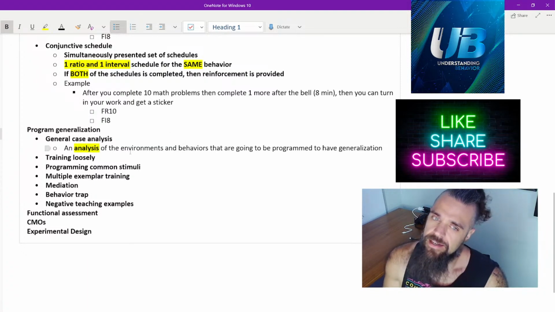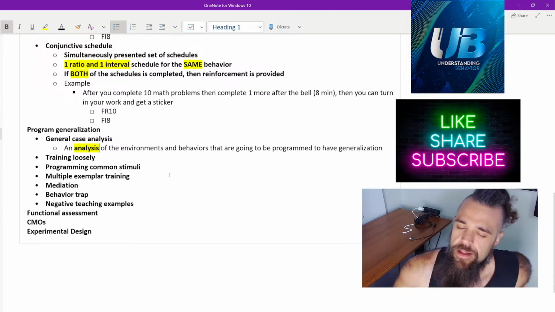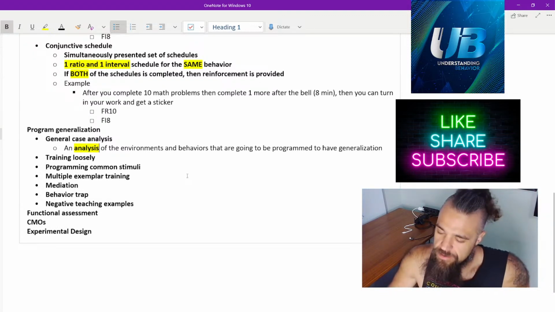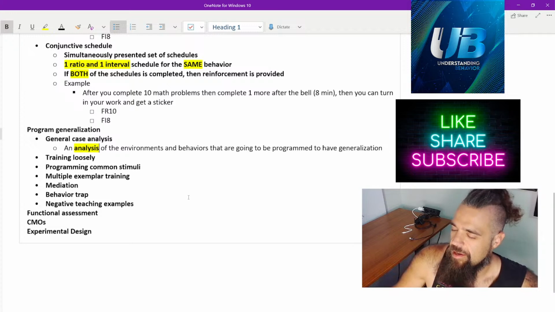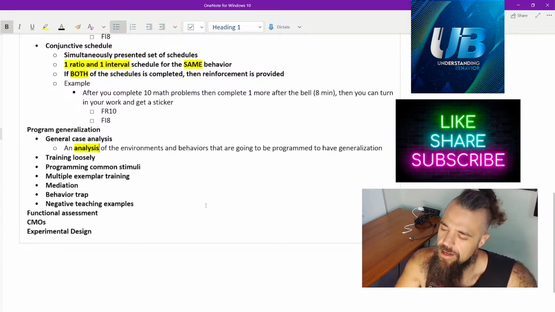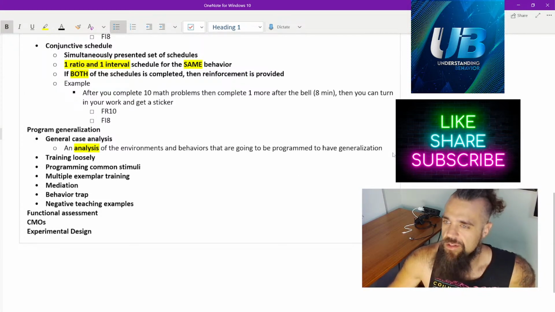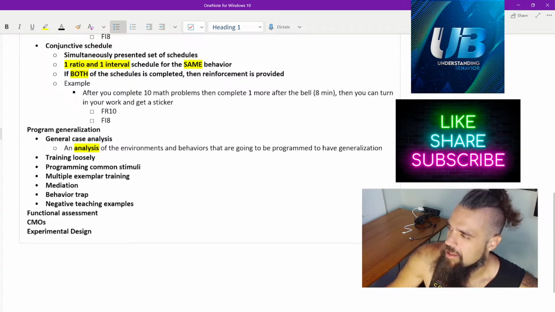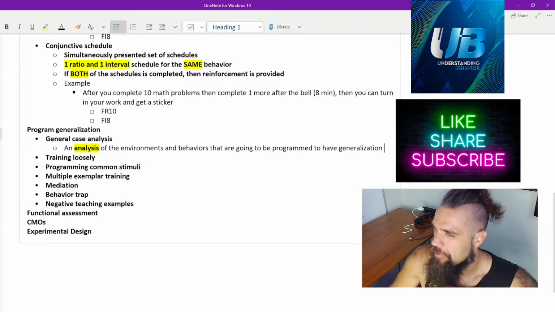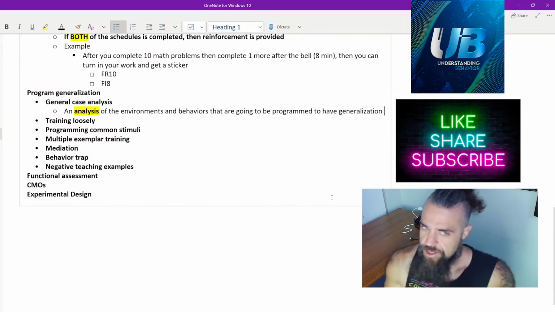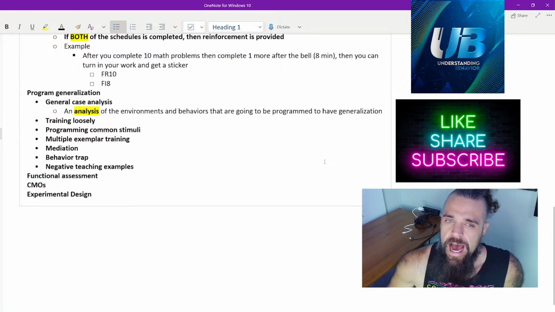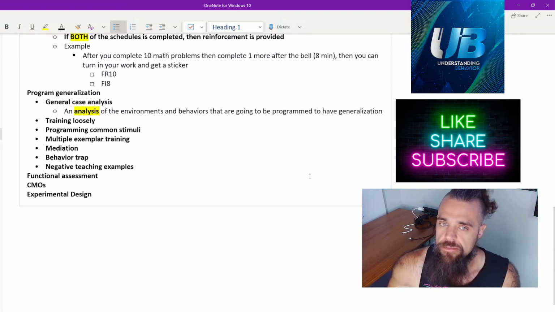We're just scoping out the environment. We'll be like, okay, mom's in this environment. Can she insist with this behavior here? Or what do you think is going to be a really natural way to keep this behavior going or provide reminders without being too intrusive for our client? So that's our general case analysis. We're just thinking about all that information and how we want to design our program to do that.